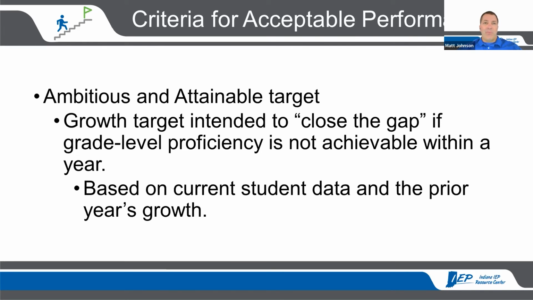What's the best we can expect from that? If we look at the growth the students made in years past, is that acceptable to us? If it's not, then what more can we do? What else can we add to the students' plan so that we get possibly better results?